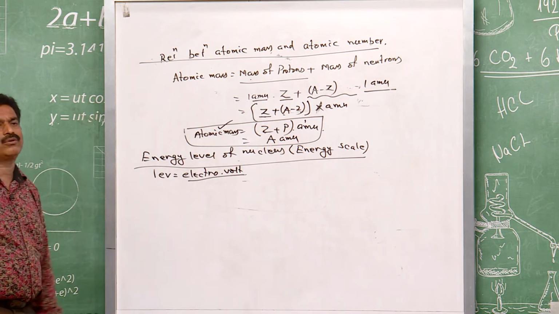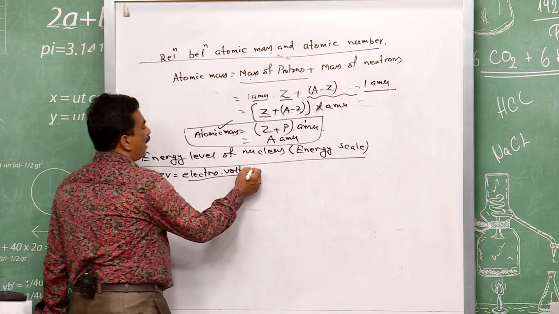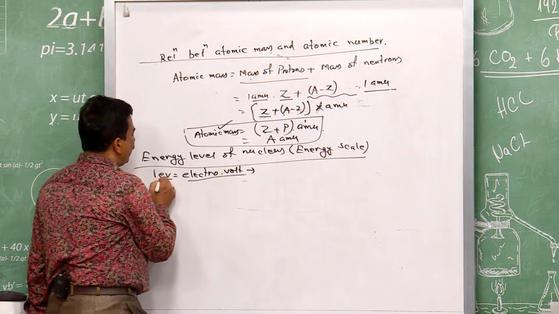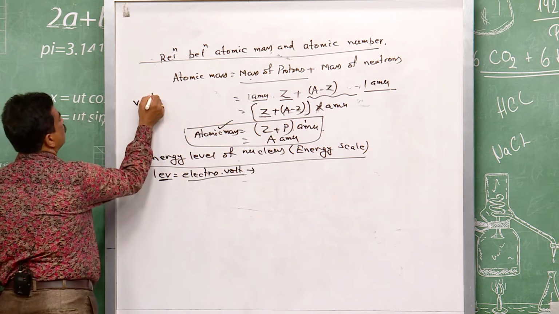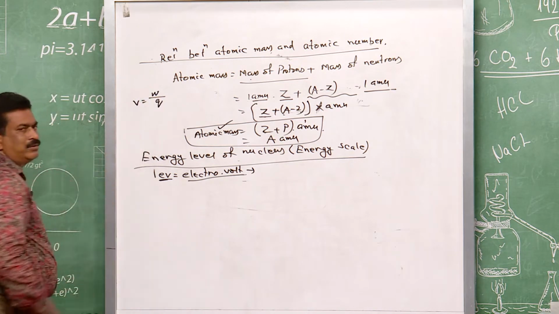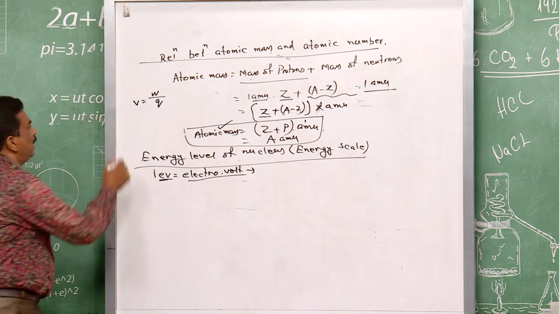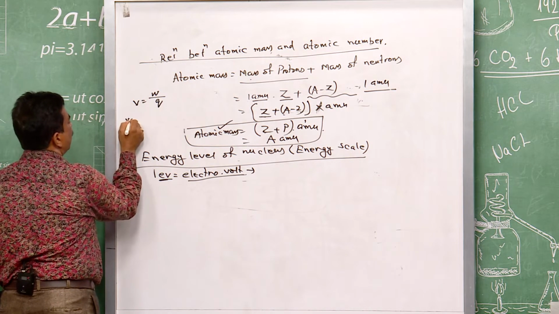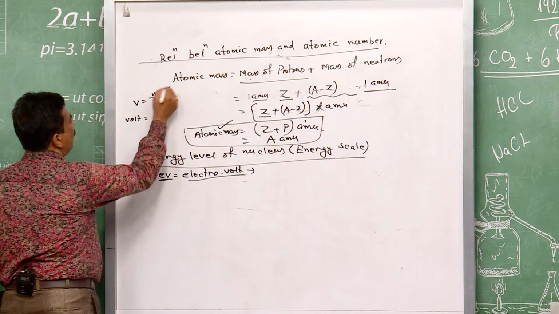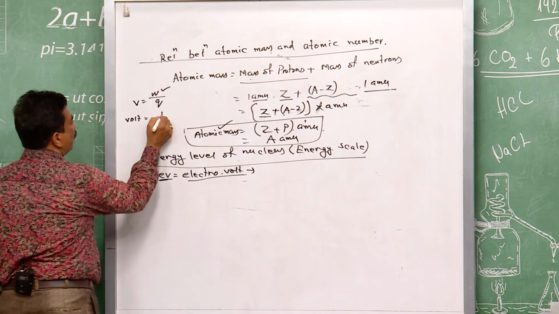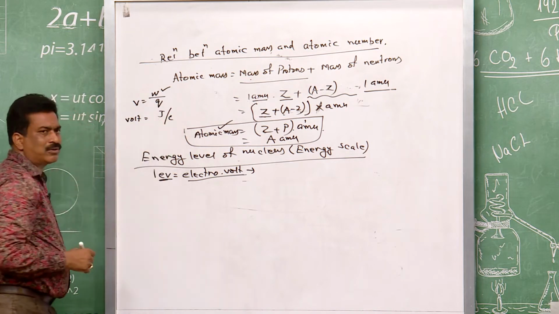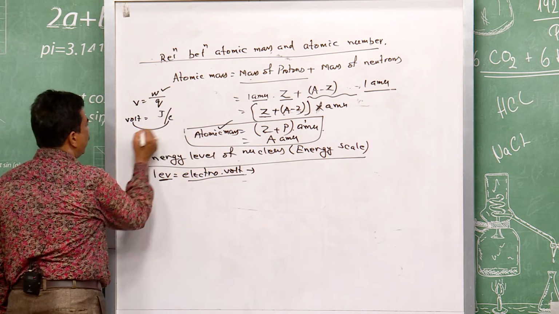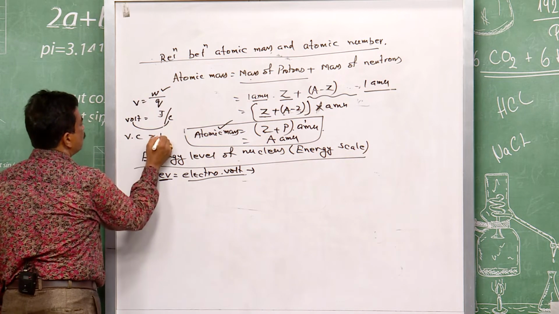You know in electrostatics, eV is an amount of energy. For what it stands, you know V is equal to W by Q. This formula you know for the potential. So V means the potential, measured in volts, W is the work in joules, and Q is the charge in coulombs. This volt into coulomb is equal to joule.